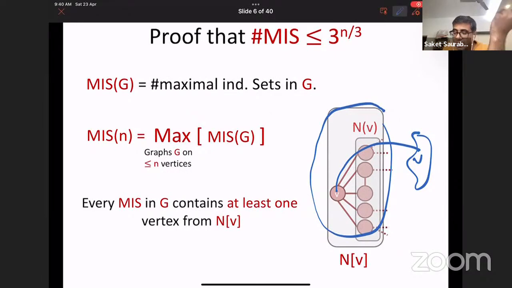So every MIS in G contains at least one vertex from the closed neighborhood of every vertex, because if it avoids the closed neighborhood of some vertex, then we could add that vertex and increase its size, contradicting the fact that what we started with is a maximal independent set. Okay, so having set out this property, we will see how this leads.